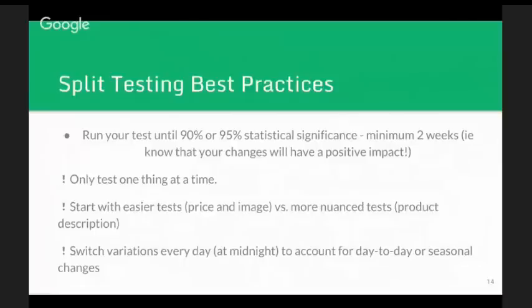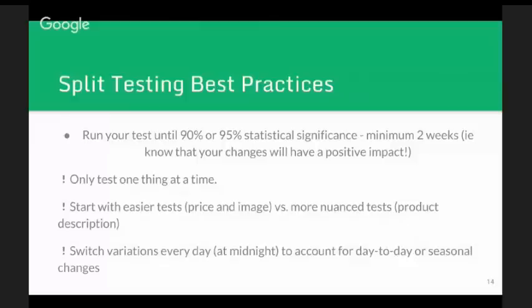So it's kind of hard to be patient with it sometimes, but you definitely want to test for a minimum of 2 weeks, probably more, and you only want to test one thing at a time. What I like to do is run it to 90 or 95% statistical significance, and we'll give you a link at the end of the webinar to a webpage on our site where you can download a free statistical significance calculator we made.